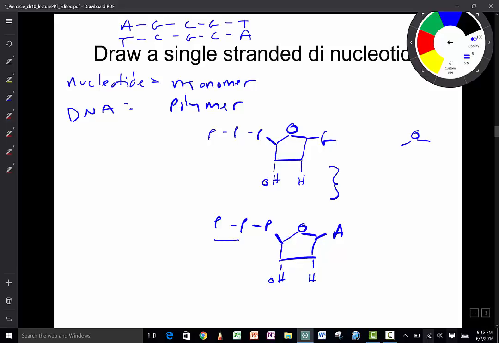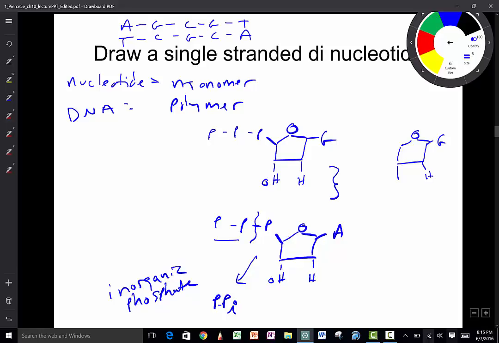And when we link them together, what happens is we lose two of these phosphates. So two phosphates linked together go away, and they don't have any carbons in them anymore, so they're called inorganic phosphate. And sometimes they call this pyrophosphate.